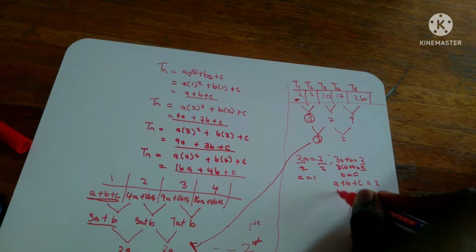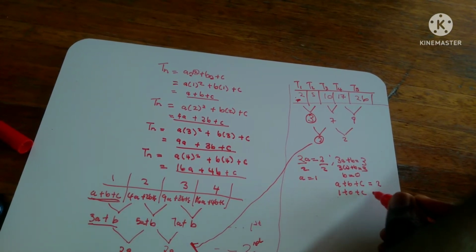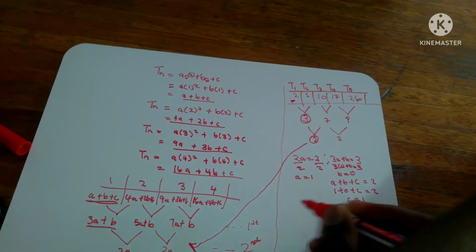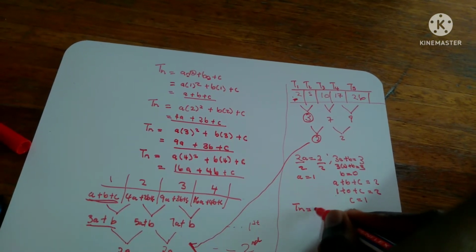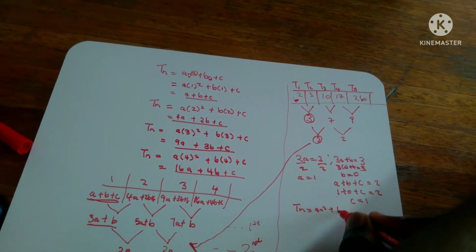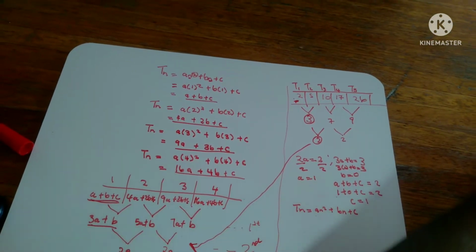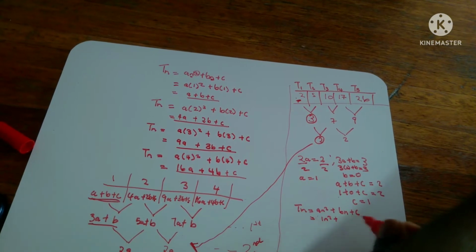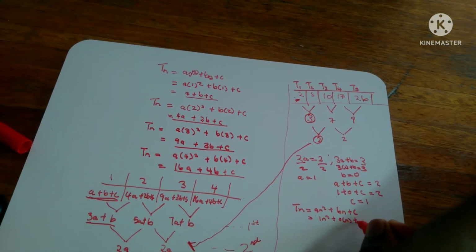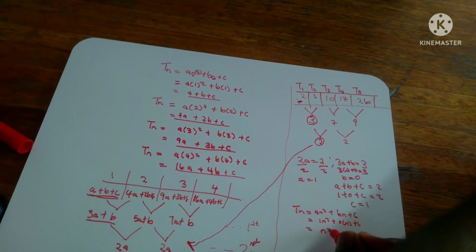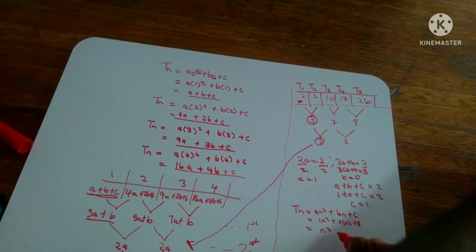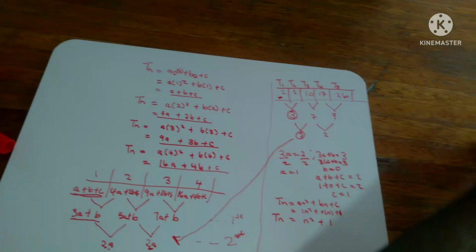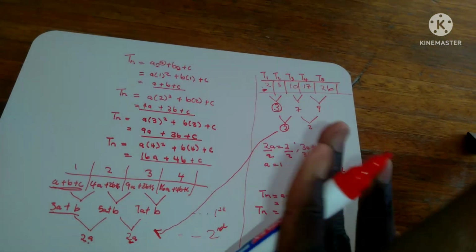And here, by adding, since it is equal to 2, you get c is equal to 1. So this is basically it. Tn is equal to an squared plus bn plus c. Okay, so here you substitute with 1, 0 plus c, whereby n squared, this is 1 here, plus 1 is your general rule. It's just a simple way of finding the general rule here.